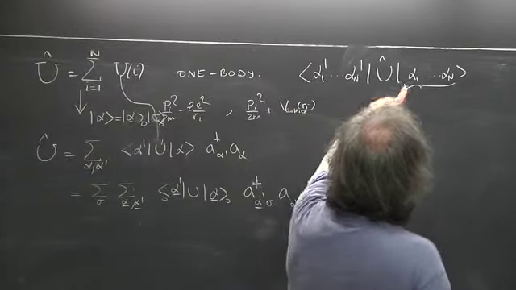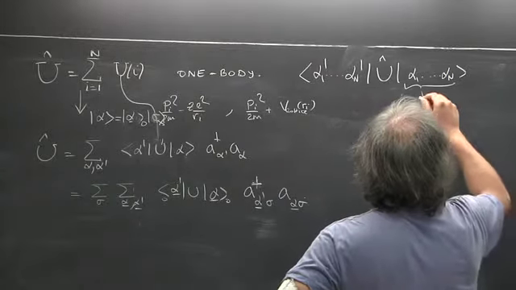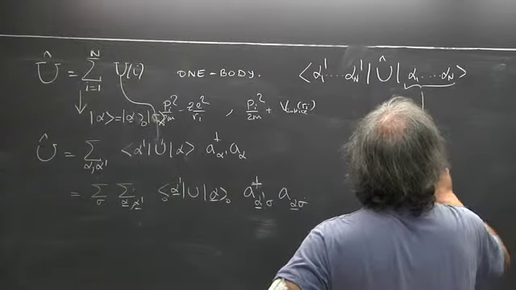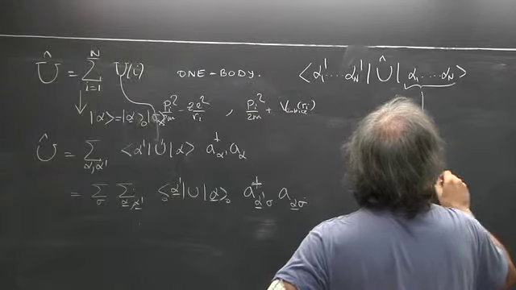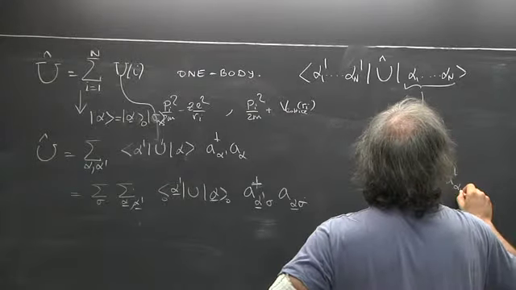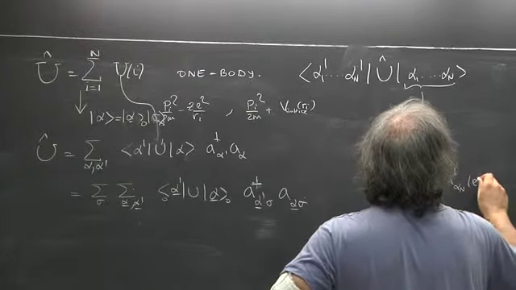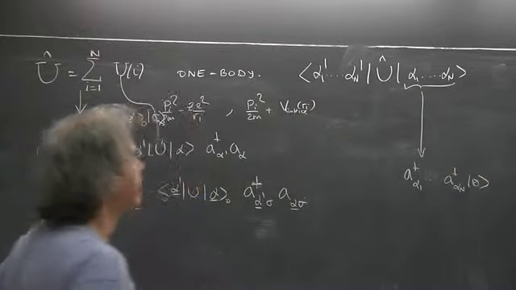In second quantization, they look particularly simple. They are just a dagger alpha 1 through a dagger alpha n acting on the vacuum.